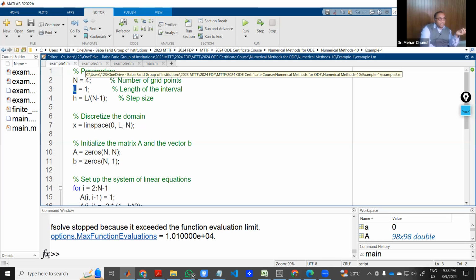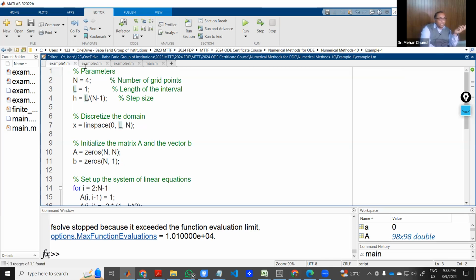Then L is the length of the interval, and h is the step size, which will be L upon n minus 1. So first we discretize the domain X.